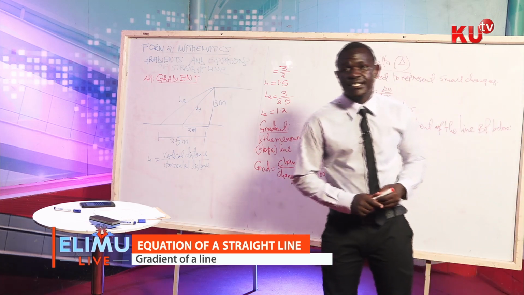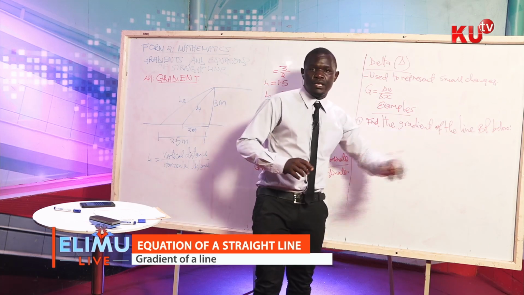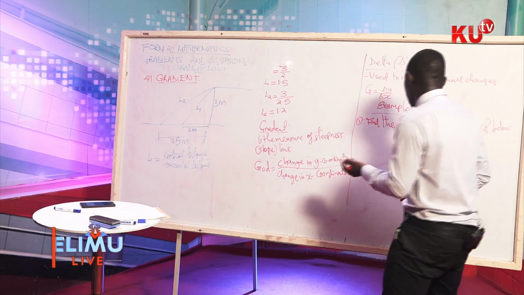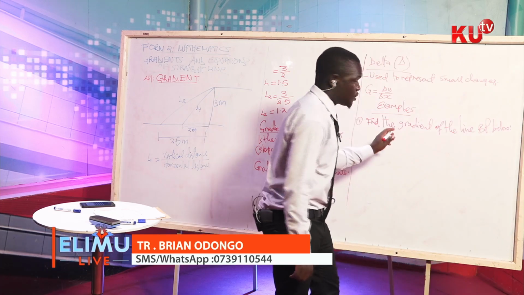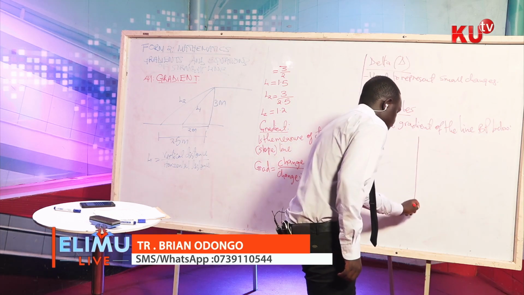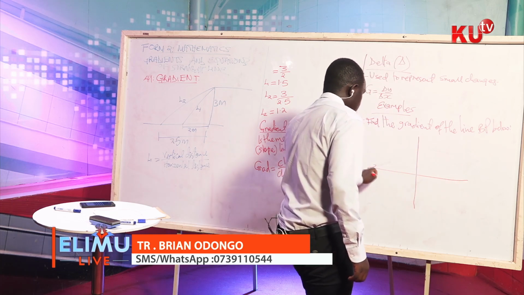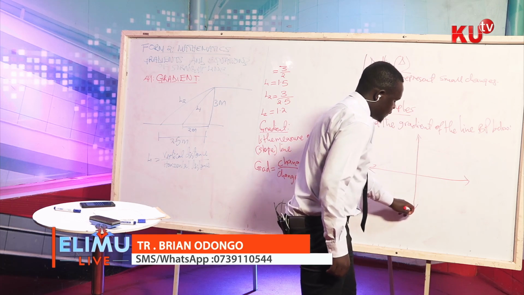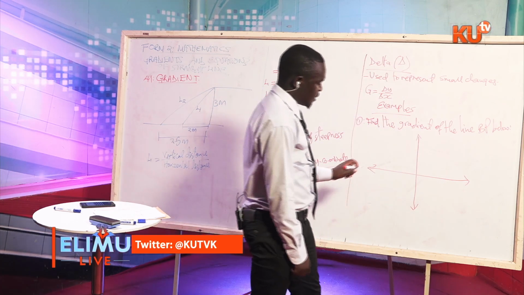Now you'll realize that this line BP would have been drawn for you in this case. So this is simply what we call a Cartesian plane. A Cartesian plane is normally made up of two axes. We have the x-axis and the y-axis.